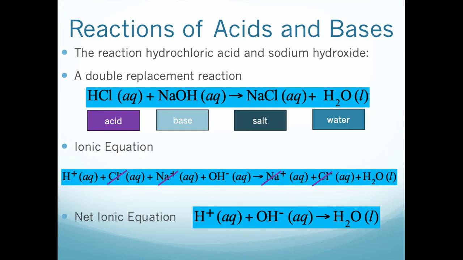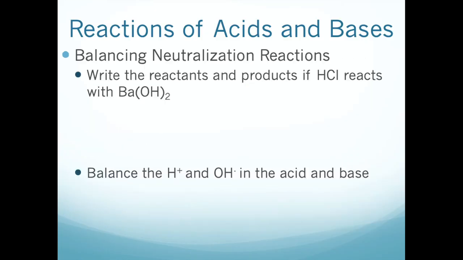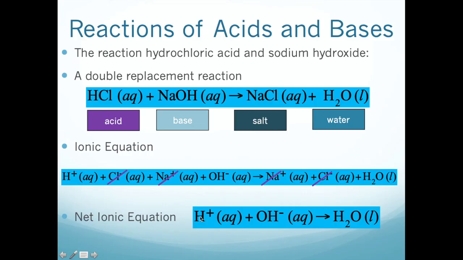You can play around with what these spectator ions are. The nice thing here is to also notice that H plus and OH minus always react in a 1-to-1 ratio to make one water molecule. There's one H plus reacting with one OH minus to make one water.